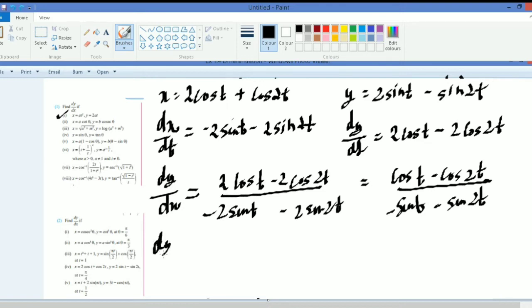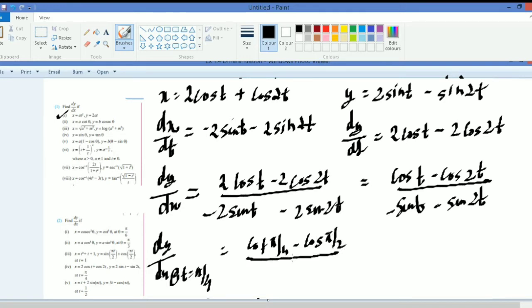So we will write dy by dx at t equal to pi by 4. We will substitute the value of t as 45 degrees or pi by 4. So cos pi by 4 minus cos 2 pi by 4, which is pi by 2, upon minus sin pi by 4 minus sin pi by 2. Now we know that cos pi by 4 is equal to 1 by root 2, minus cos 90 is 0.